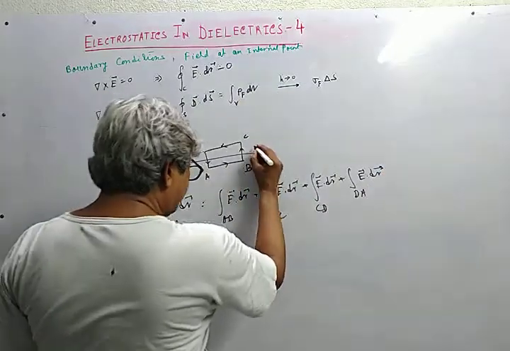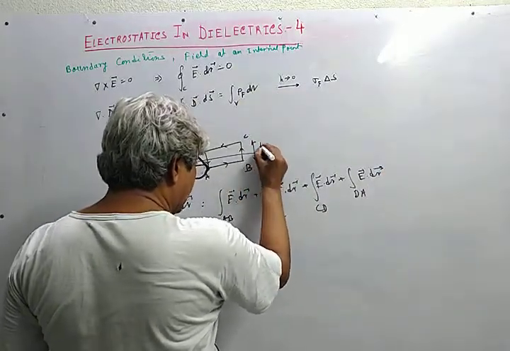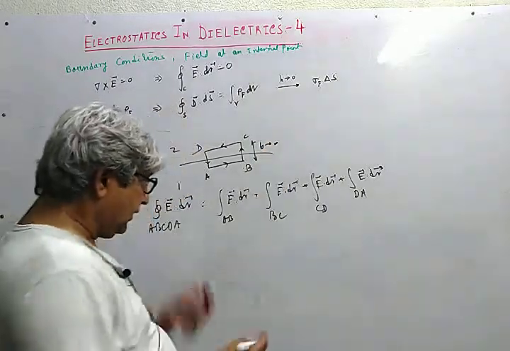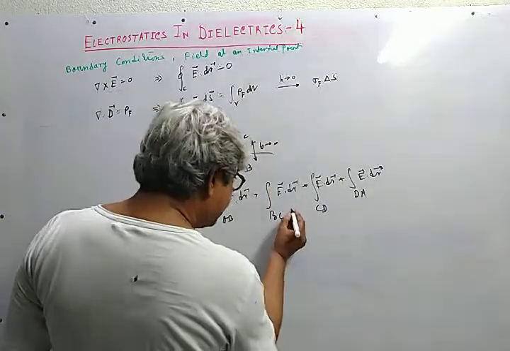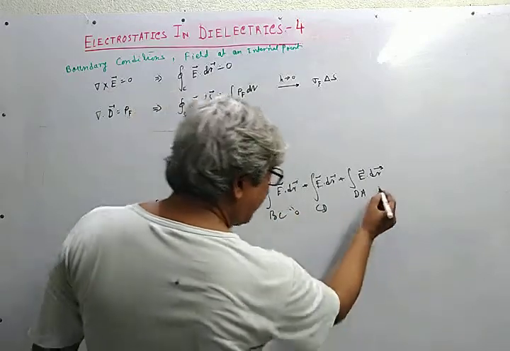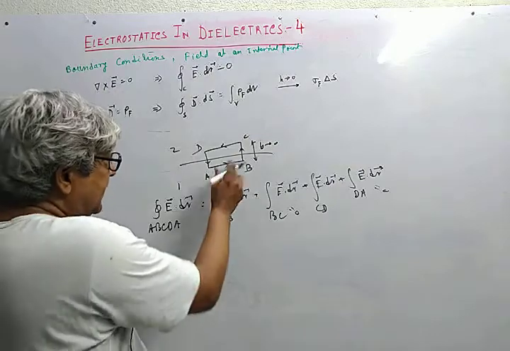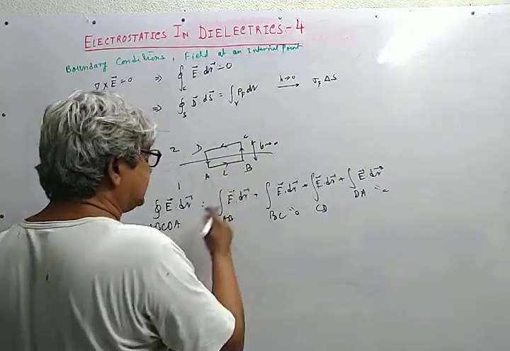We make the breadth of this rectangle tend to 0. If the breadth goes to 0, this part BC goes to 0 as E is finite, and this also goes to 0. And this length is L, AB is L.